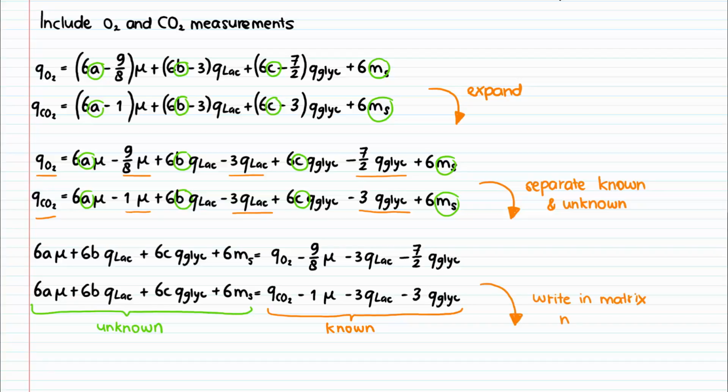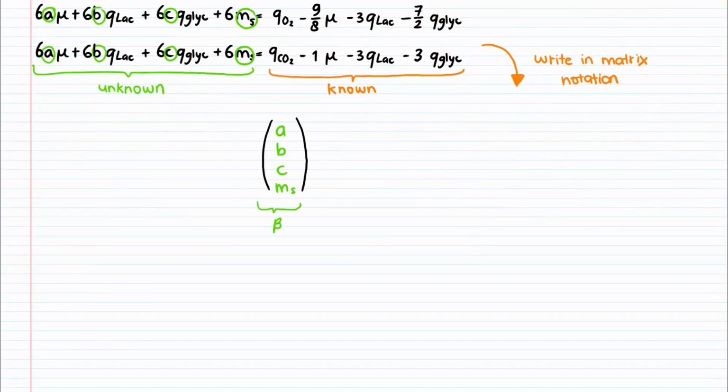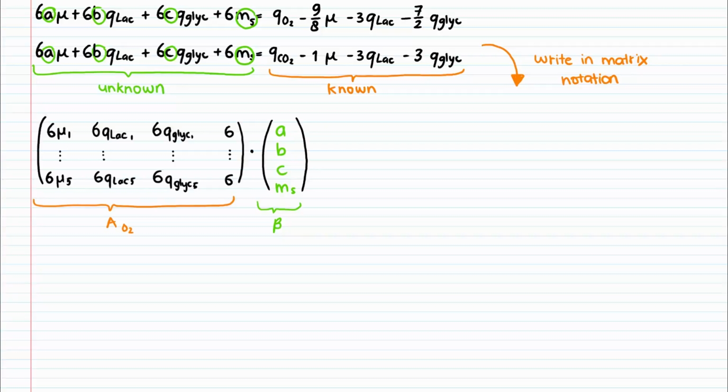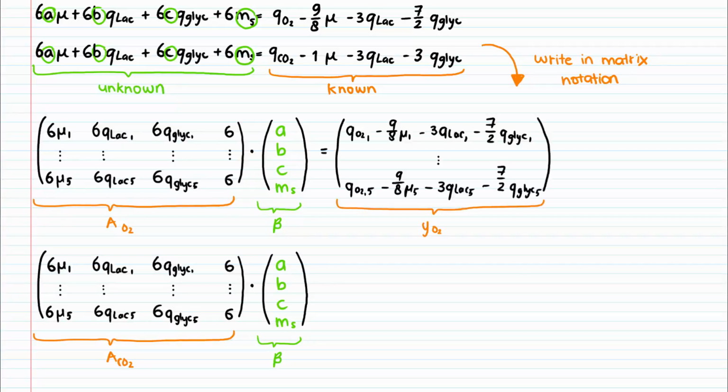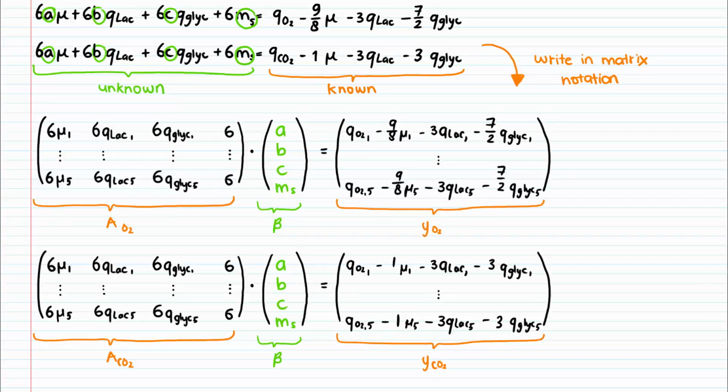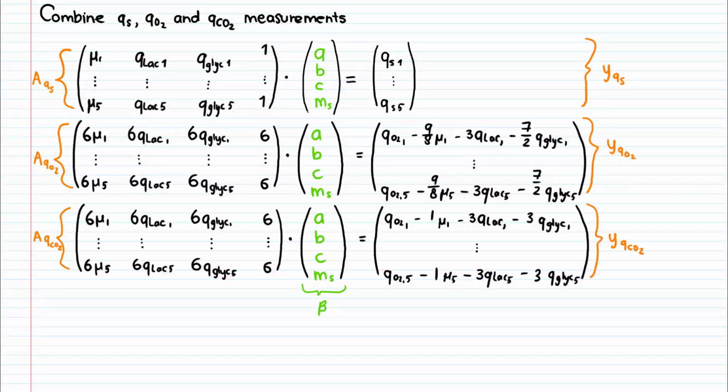Now we can write this in matrix notation by separating the vector of Herbert Pirt parameters beta. We can then write out the matrices A for O2 and A for CO2, as well as the vectors Y for O2 and Y for CO2. We can now combine the three matrix systems of the measurements QS, QO2 and QCO2 to calculate beta, taking into account all of the measurements.